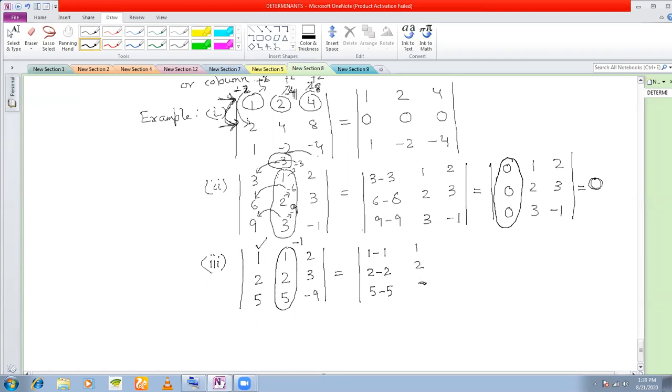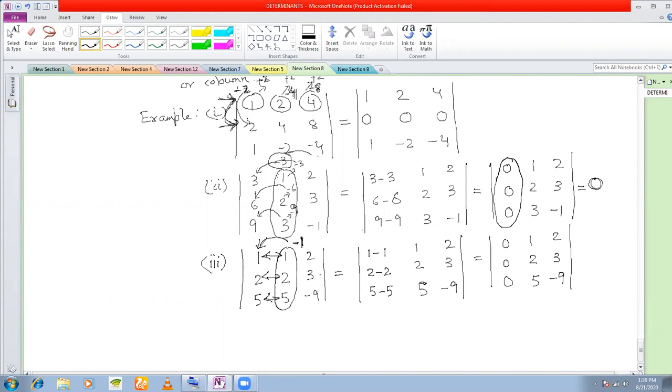And these two columns will remain as it is. So ultimately you are getting 0, 0, 0, 2, 5, 2, 3 minus 9. I am multiplying this column by minus 1 and then adding it to this, so I'm actually subtracting these two columns.